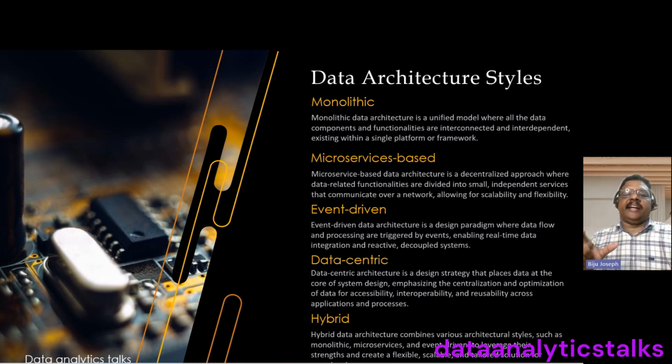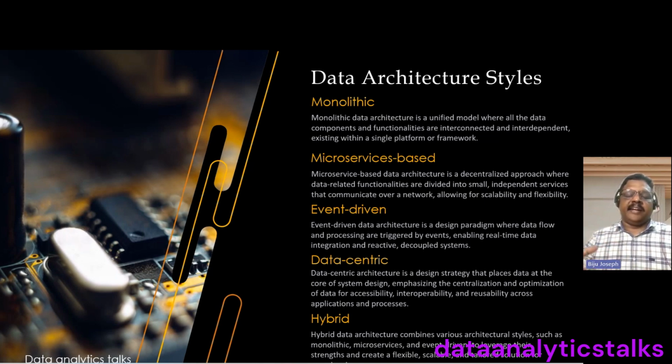A monolithic data architecture is a unified model where all data components and functionalities are interconnected and interdependent, existing within a single platform or framework. So monolithic is a single system. Everything is centralized, so any issue will impact the whole system. That's the monolithic way.